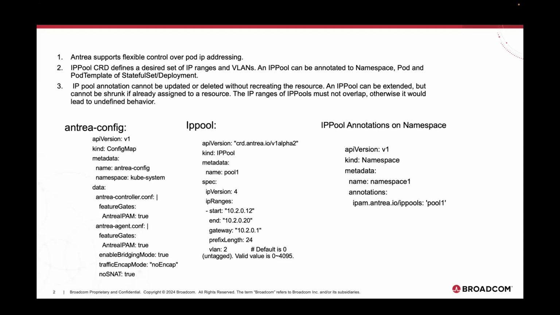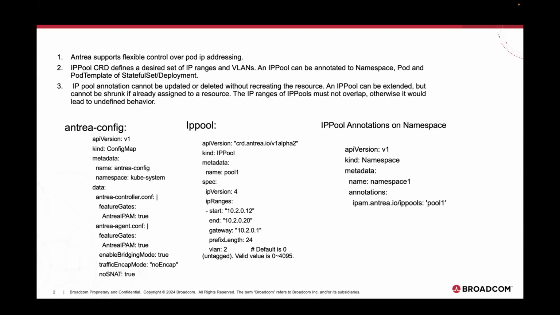If you want to enable this feature, you have to enable it from the Antrea config file. In the controller feature gate, you have to set AntreaIPAM true, and in the agent feature gate set AntreaIPAM true, and then enable the bridging mode, and the traffic mode will be noEncap, and there will be no SNAT.